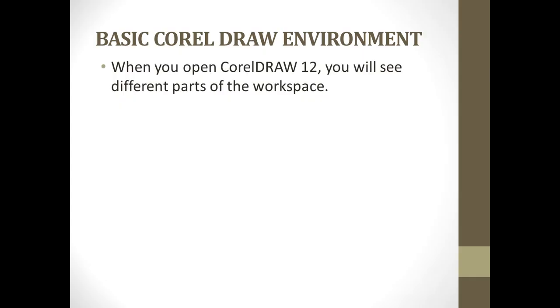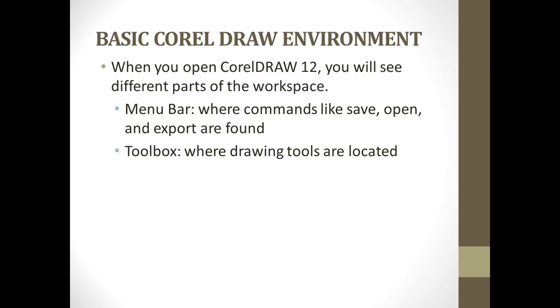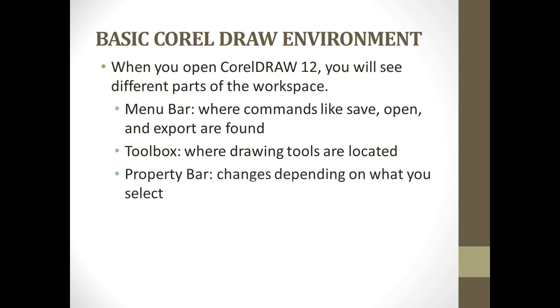When you open CorelDRAW 12, you will see different parts of the workspace. We have the menu bar where commands like save, open, and export are found. We have the toolbox where drawing tools are located. We have the property bar, which changes depending on what you select. If you select a particular toolbox object, the property bar changes to that object you selected.